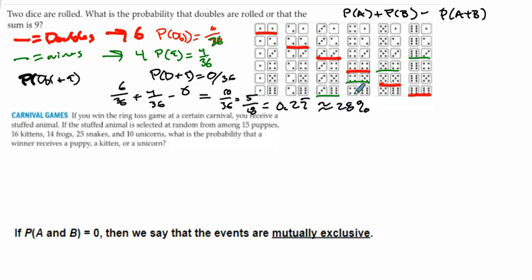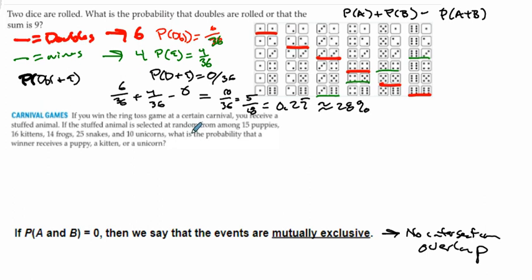Okay. So this is called a mutually exclusive event. Mutually exclusive basically means that there's no intersection. And if that word doesn't mean anything to you, then you can just use overlap. There's no overlap. There's no area where you're going to have shared numbers.